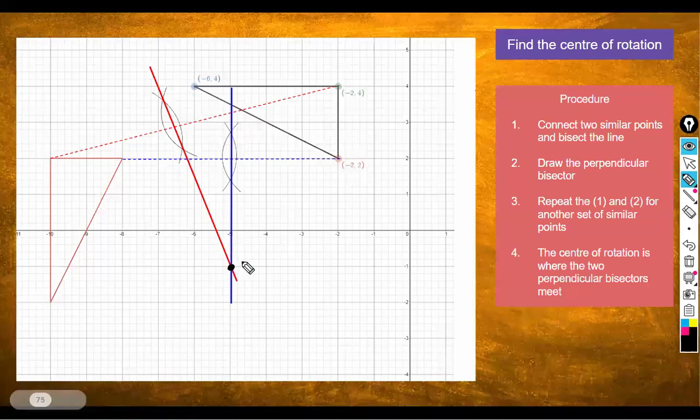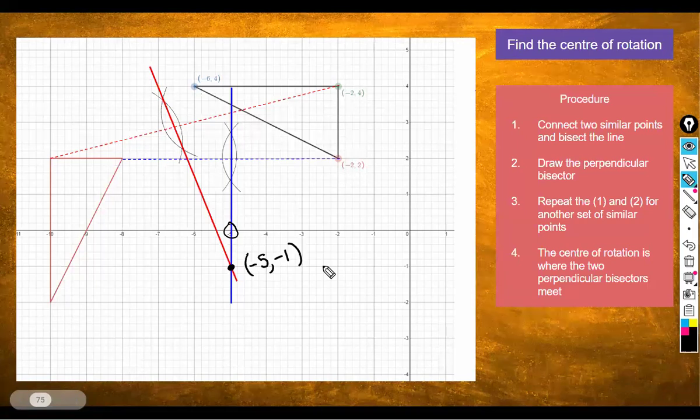Now, I did my super neat, right? So my one looking like -5, -1. -5. Look at it, -5, because here's -4 and here's -6. So here's -5, and then lining up with -1 on the y-axis. And that's my final answer. That's the center of rotation.